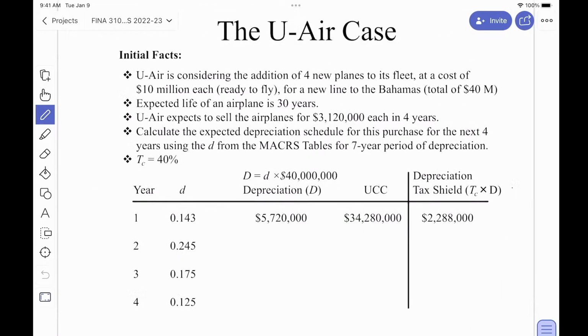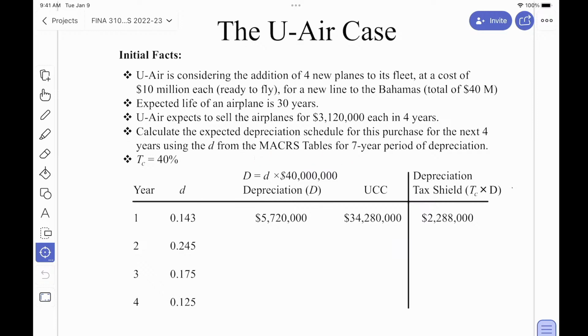And here's the table to do it. So for your test, you'll need to make a depreciation table with these headings. These numbers are the rates of depreciation that come from the maker's table that I showed you.